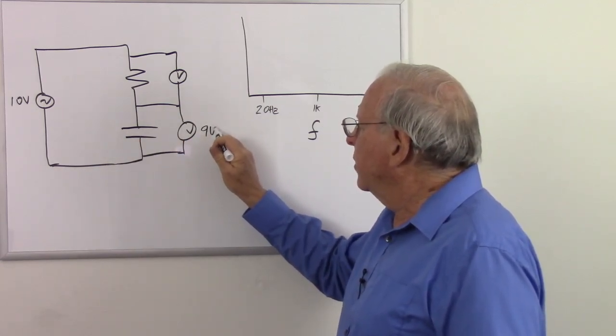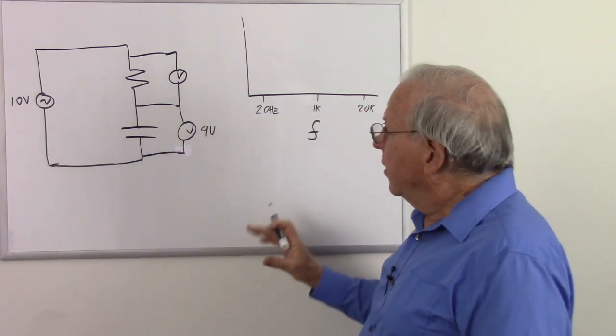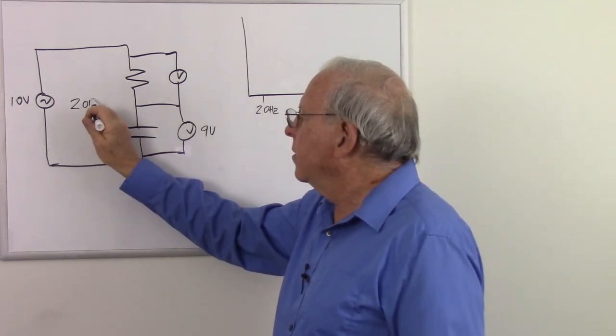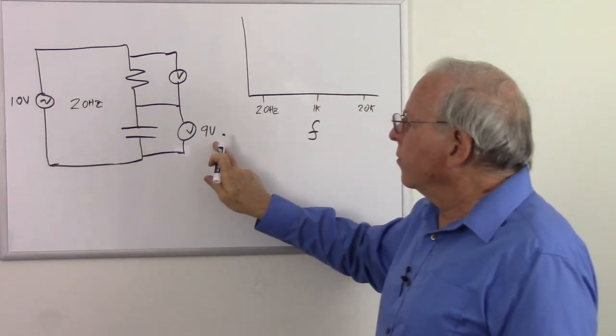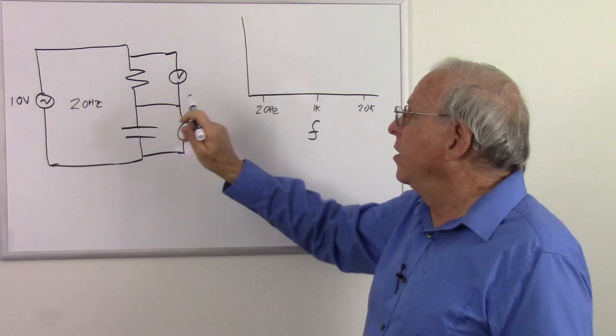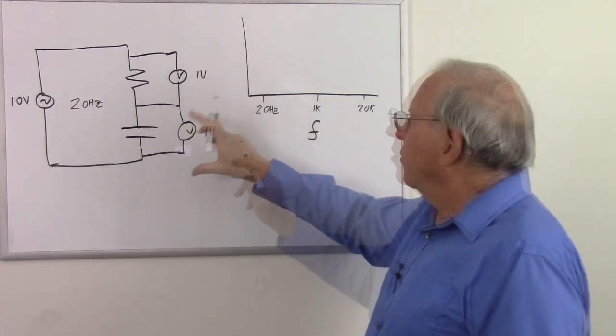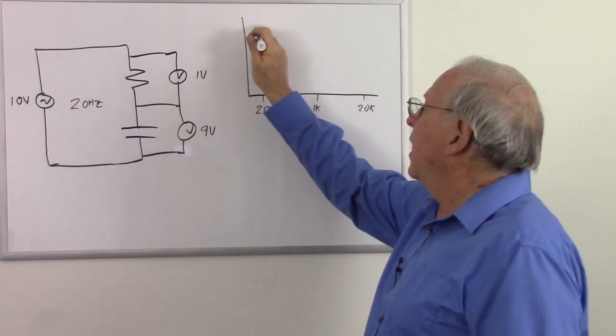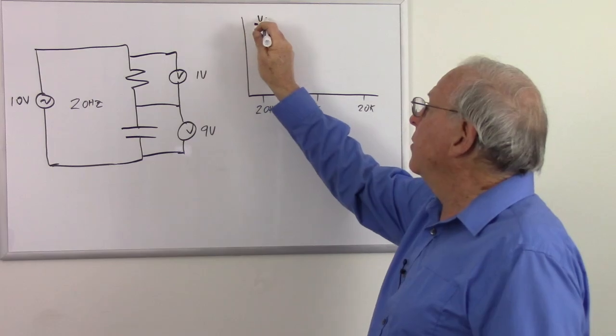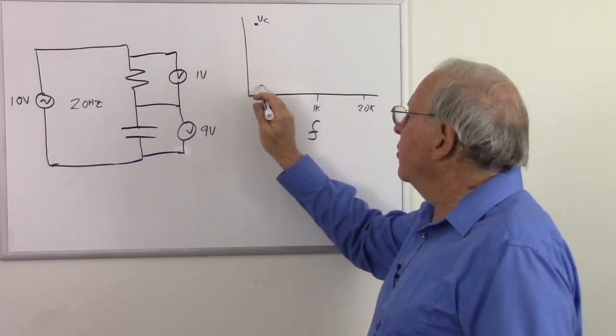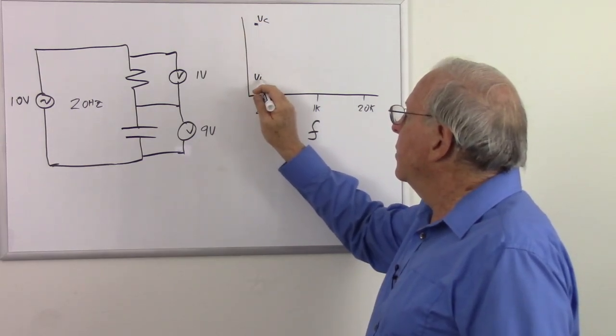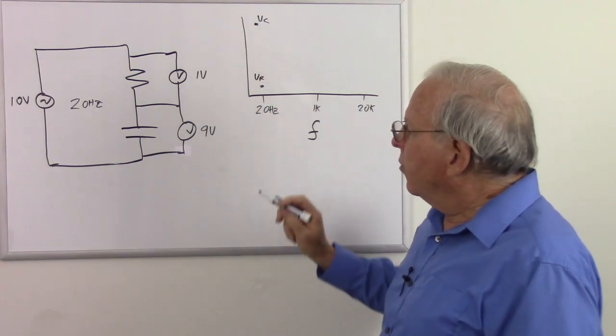It's almost the full 10 volts. So at 20 hertz, we get 9 volts here. What voltage are we going to get here? We're going to get 1 volt. So at the low frequency, we get a pretty high voltage across the capacitor, but the voltage across the resistor is going to be pretty low.